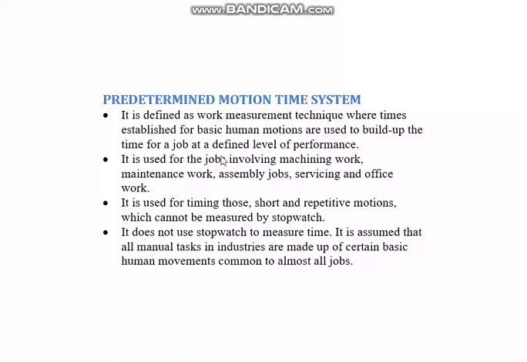A defined level of performance means the average performance of a qualified worker, or faster or slower. Normally we take the average level of performance. Predetermined means an already determined motion time system.